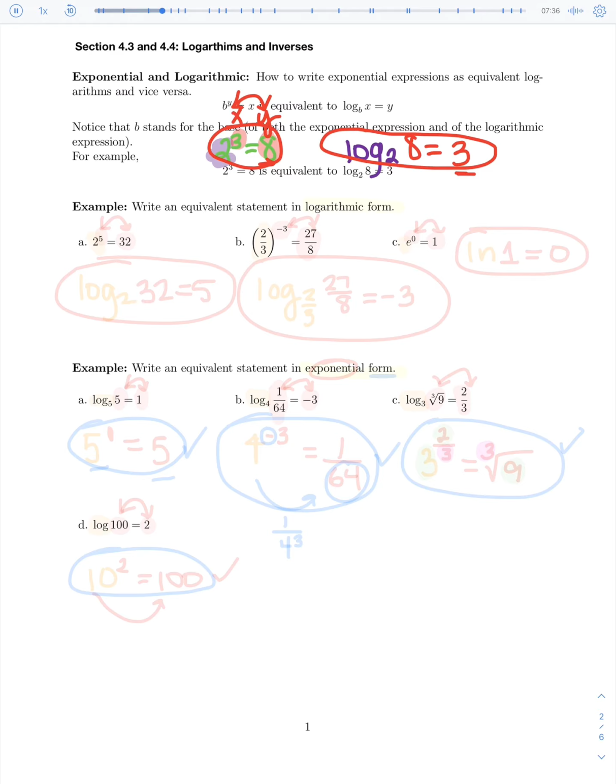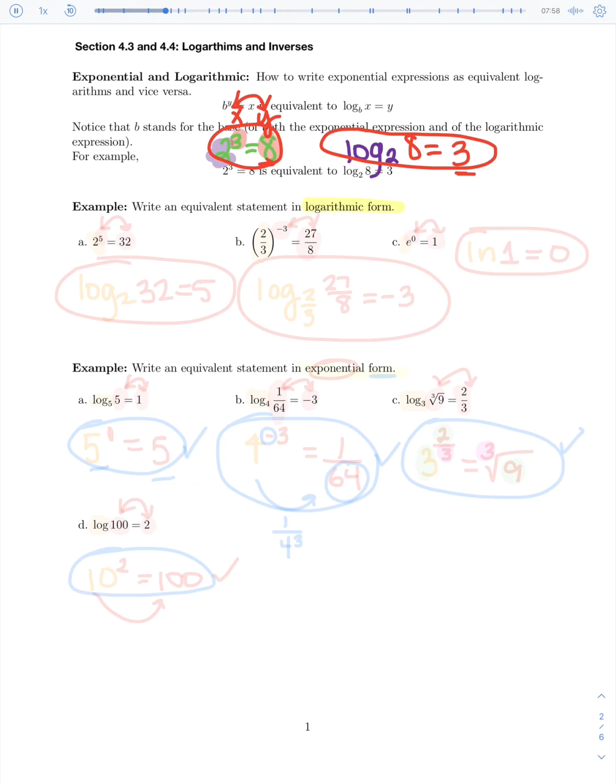So let's try this out. Let's look at A. On A, we have 2 to the 5th equals 32, which we know is a true statement. We want to write the same statement, but we want to do it in logarithmic form. And what that means is I need to use my properties of inverses.